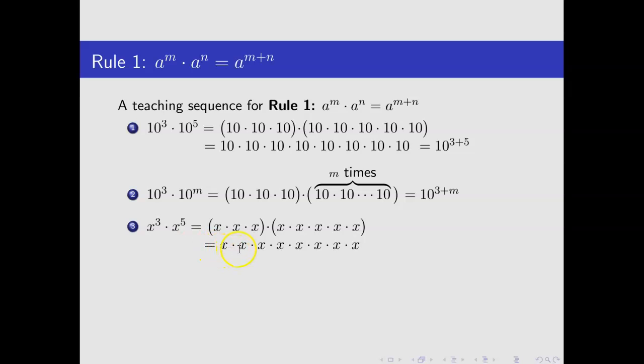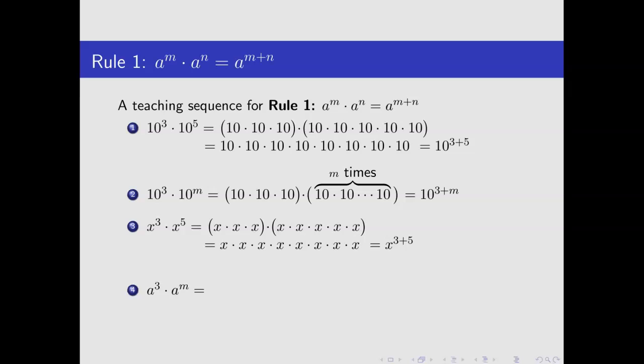And that gives us x times x times x times x times x times x times x times x. Again, glad we chose relatively small numbers for 3 and 5. And that will be equal to x to the 3 plus 5, which again is equal to 8. We know that, but we're trying to emphasize how the rule works going from our x to the third times x to the fifth to x to the 3 plus 5.